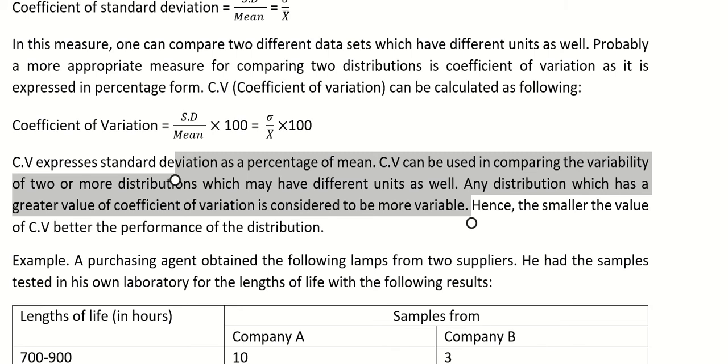If you want a good central value, it is the one where variation is very low. All the other values in the distribution should lie near the mean value. Then only is that mean value a true representation. So that's why we say that if the value of CV is larger, it means the variation is very high.